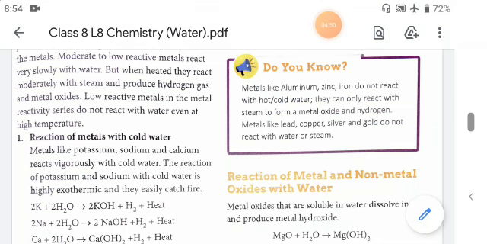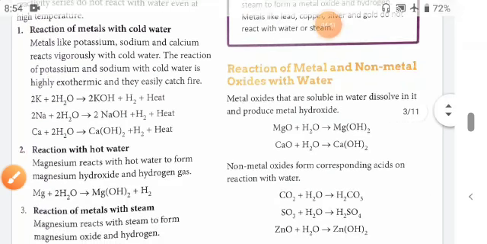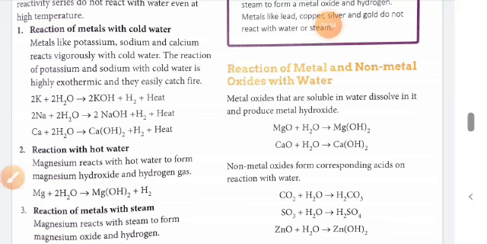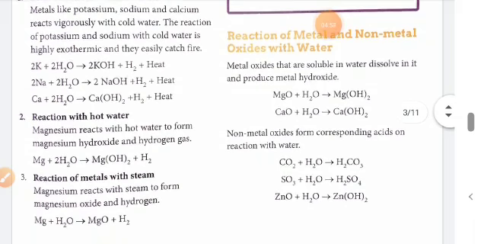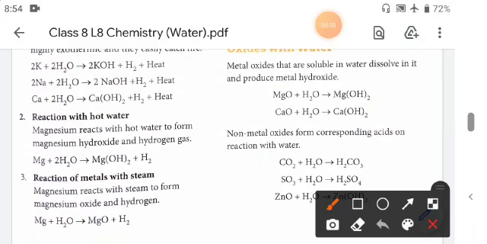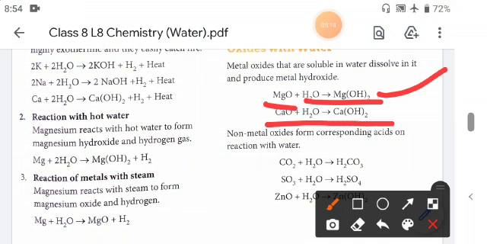Now our next topic is reaction of metal and non-metal oxides with water. When metallic oxides or non-metallic oxides react with water, what happens? See here, MgO, a metal oxide, reacts with water and gives its hydroxide, that is magnesium hydroxide. Same, when calcium oxide reacts with water, it gives calcium hydroxide.